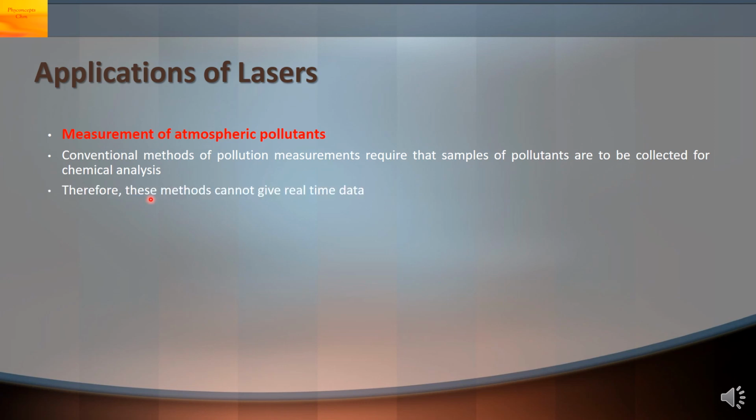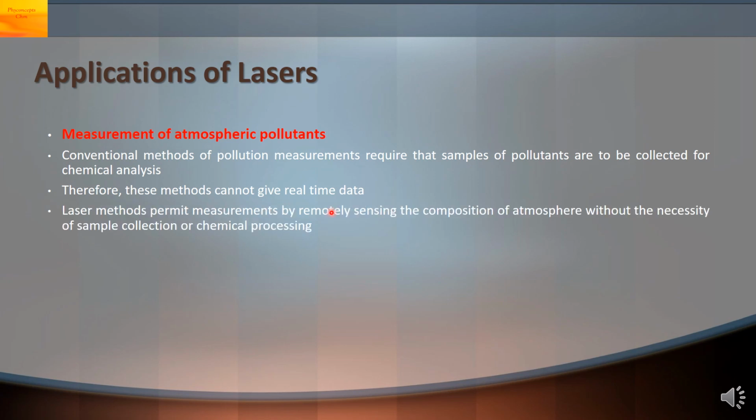Therefore, these methods will not give the real time data. So we can use the laser methods which permit measurements by remotely sensing the composition of the atmosphere without the necessity of sample collection or chemical processing.